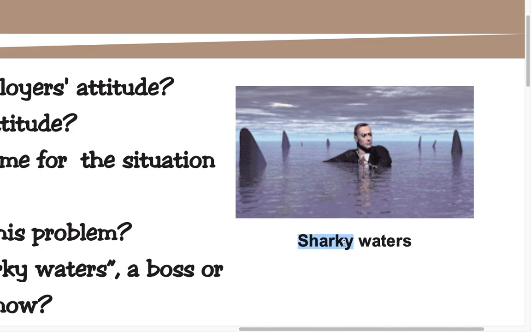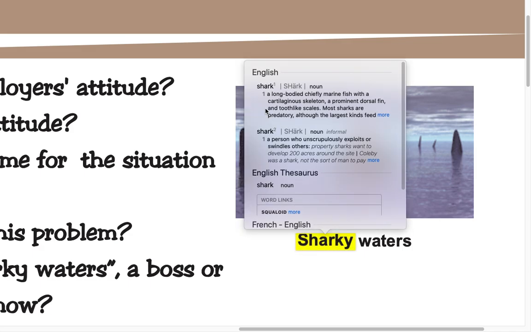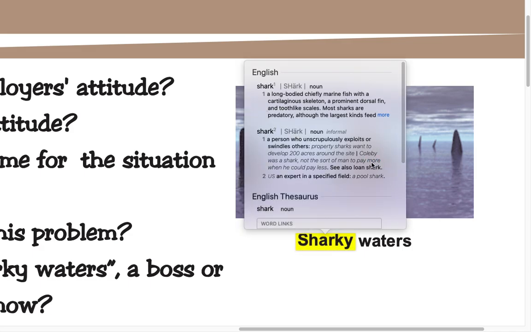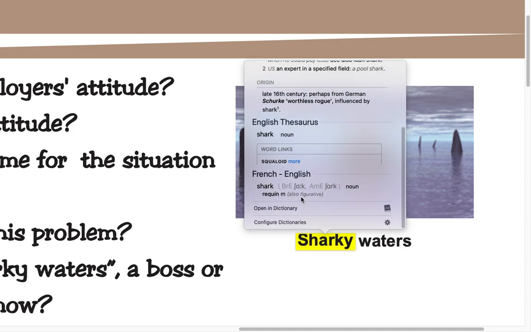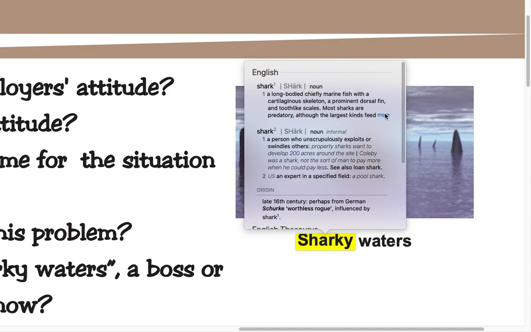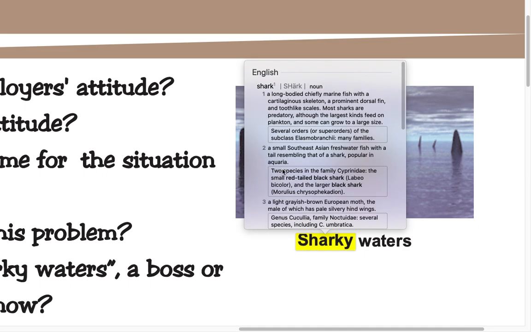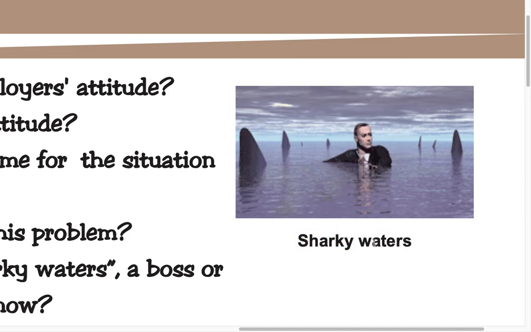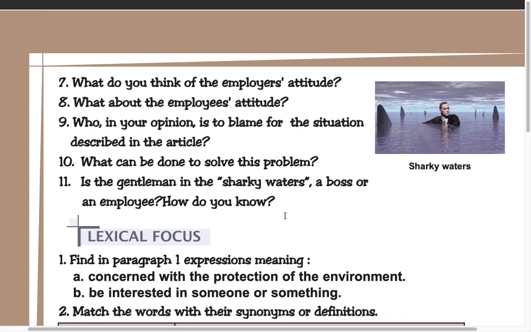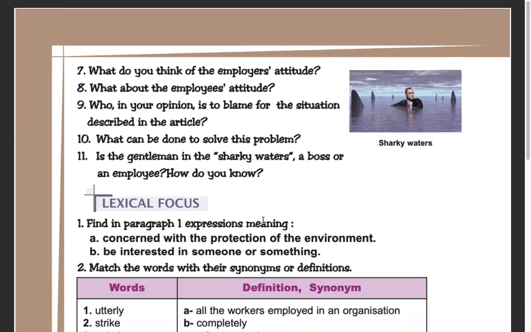So that's what we mean by sharky waters. Sharky is an adjective from shark, so that is an adjective not listed here. So it is a negative description of any place or thing.